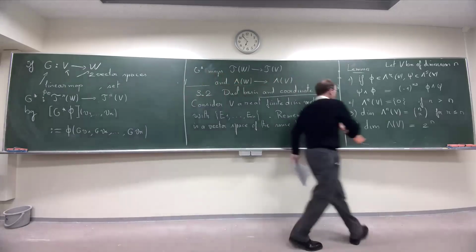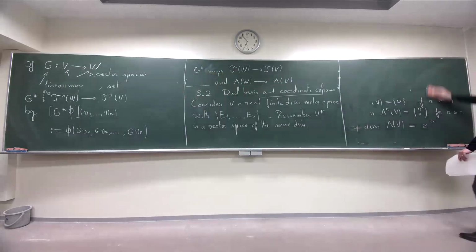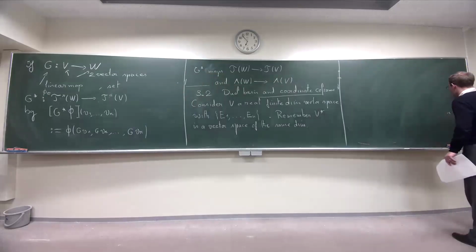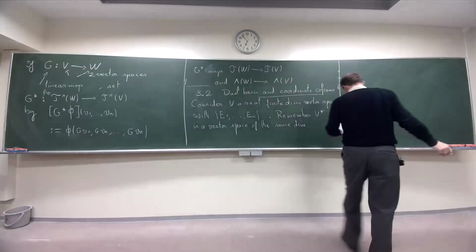Now, there is a result which belongs to linear algebra. Of course, we can put a basis on V star. It's a real vector space of the same dimension, so there are plenty of bases.